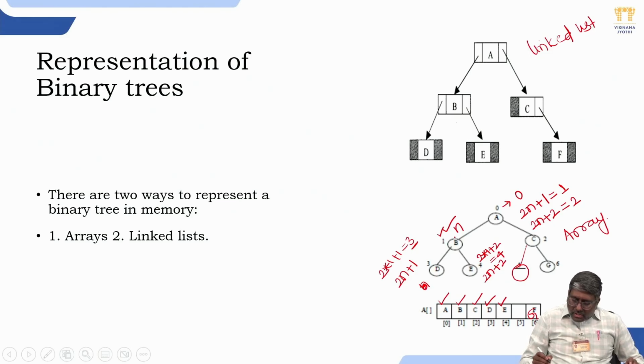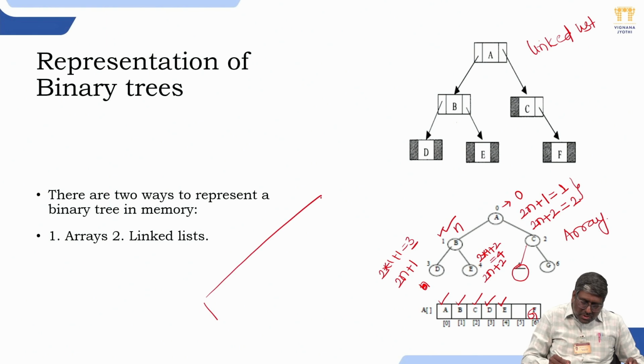By using these indexes, we will get this equation. Suppose the array index is starting from the first position, so let us assume 1 2 3 4 5 6 7 8 9 10.